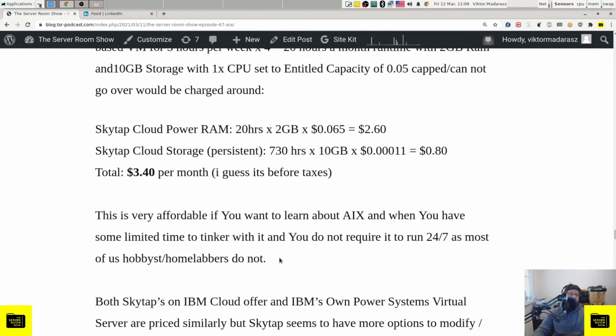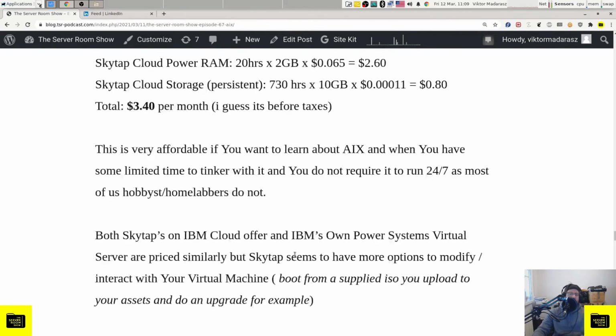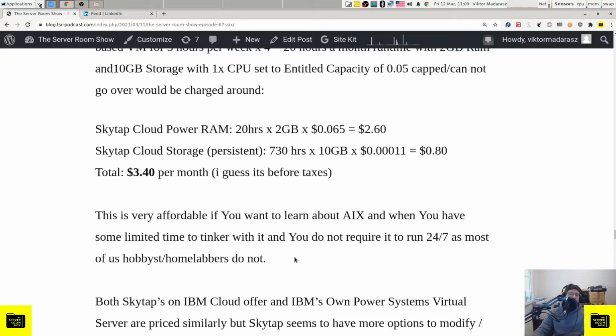I consulted SkyTap sales support, and they were kind enough to calculate this, and the estimates and the prices are shown to you before you sign up.